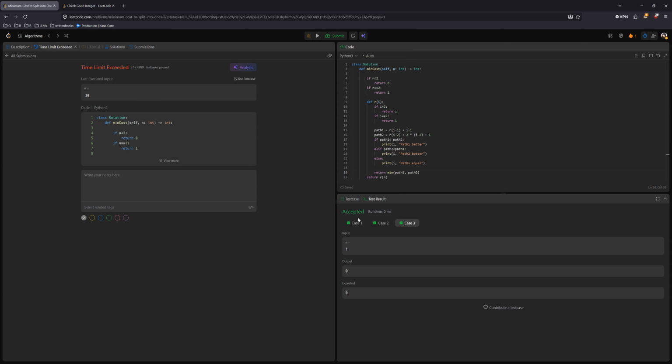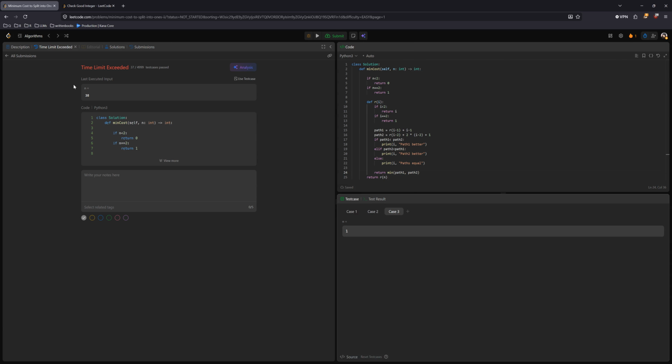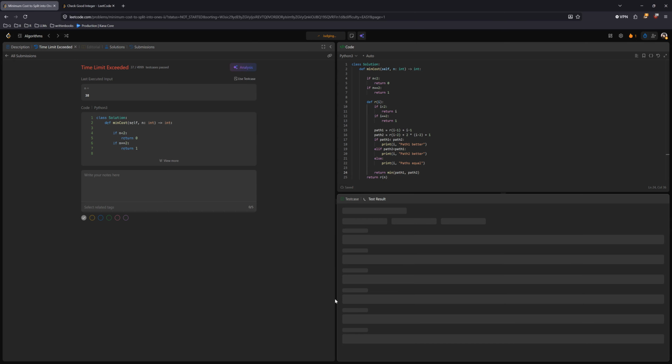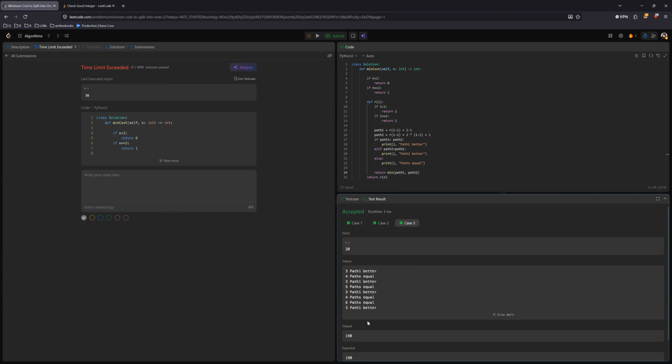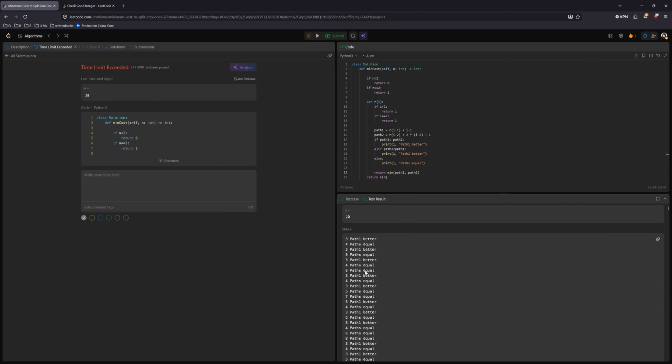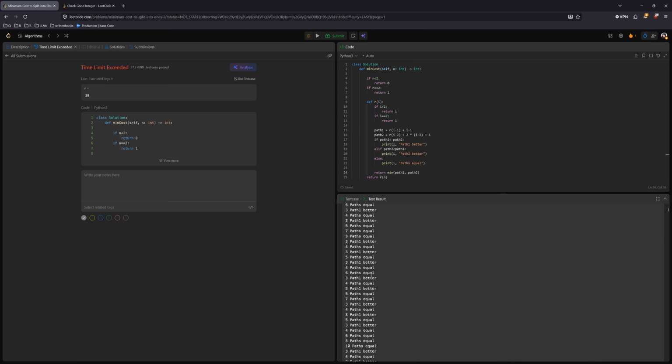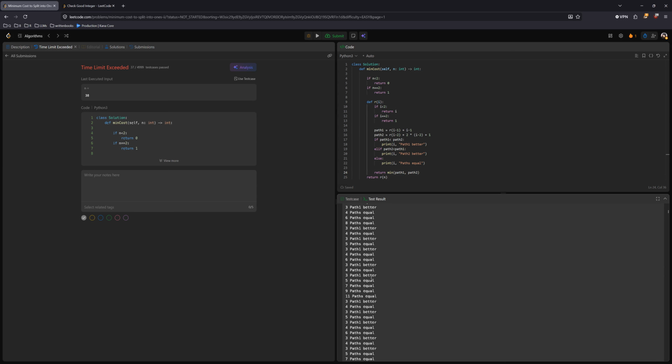We need a larger test case. So let's say 38 is time limit exceeded, right? So let's say 20. Now run. Equal, equal, equal. Is path 2 ever better?